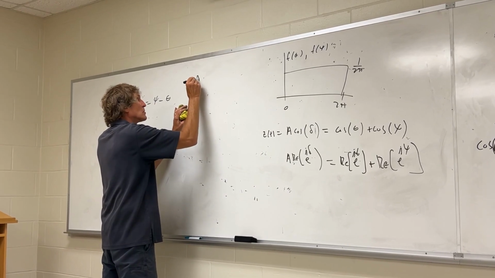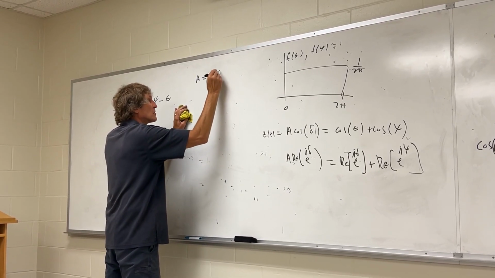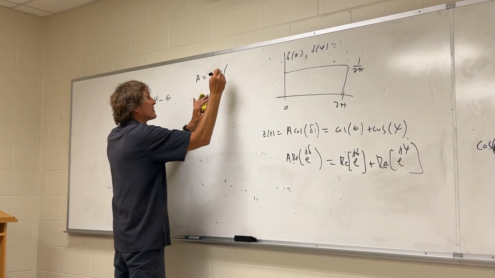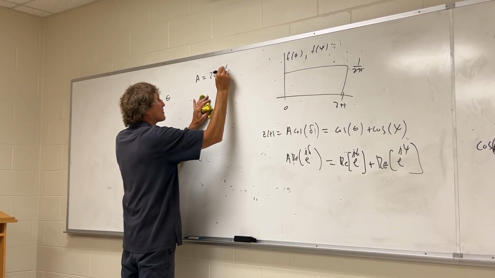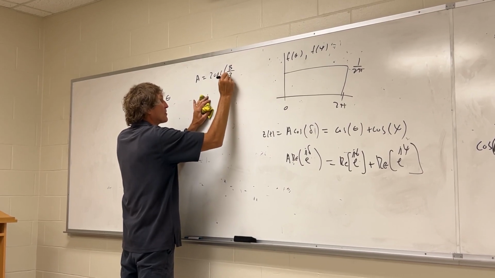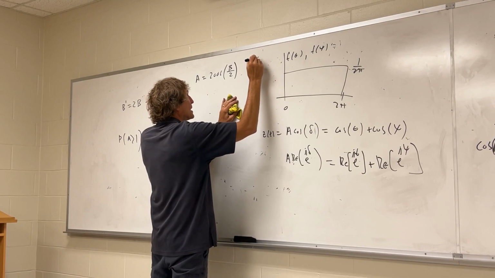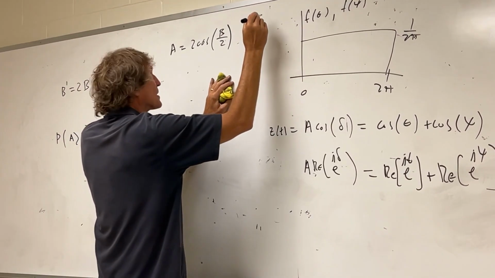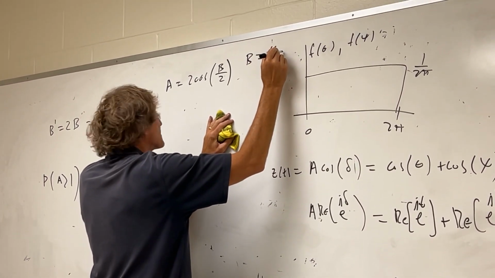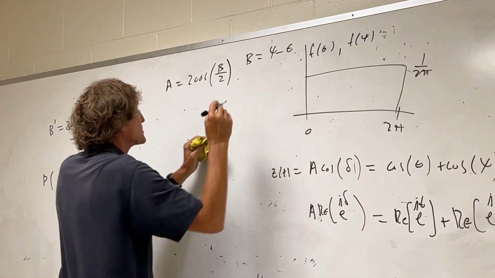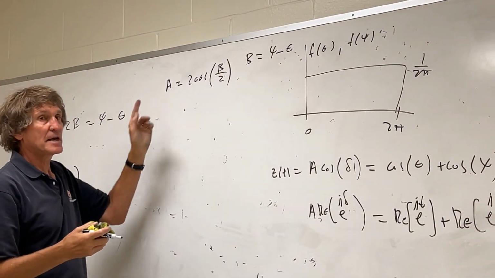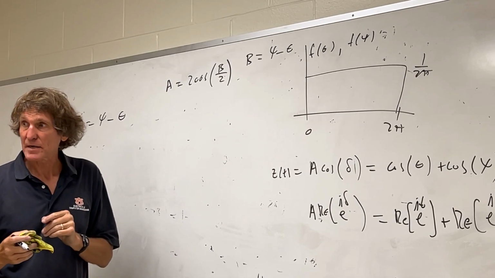A was equal to 2 times cosine of beta over 2, where beta is equal to minus 3. So if A is greater than 1, correct?